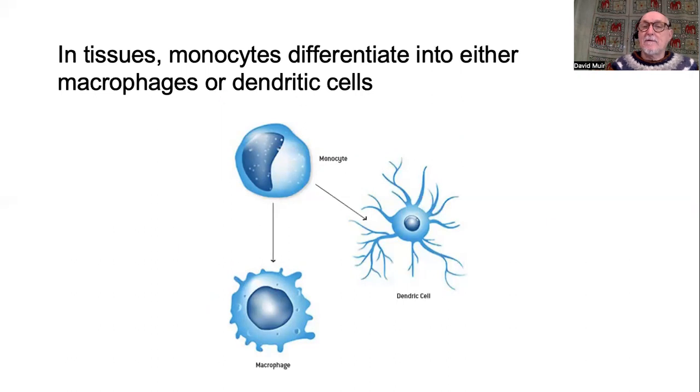And the two groups are the macrophages, which are really the most important resident cells in the tissues, which conduct surveillance, and they have powerful communication ability with the rest of the immune system via hormones which they release.